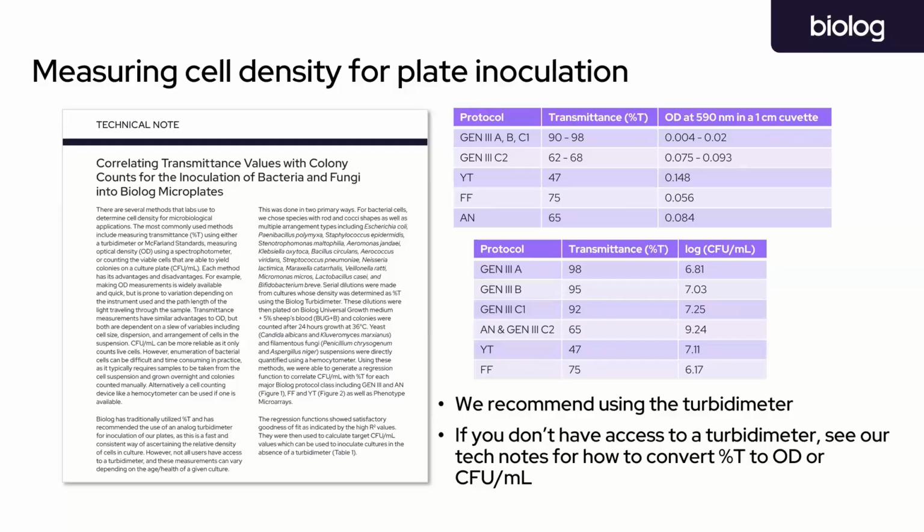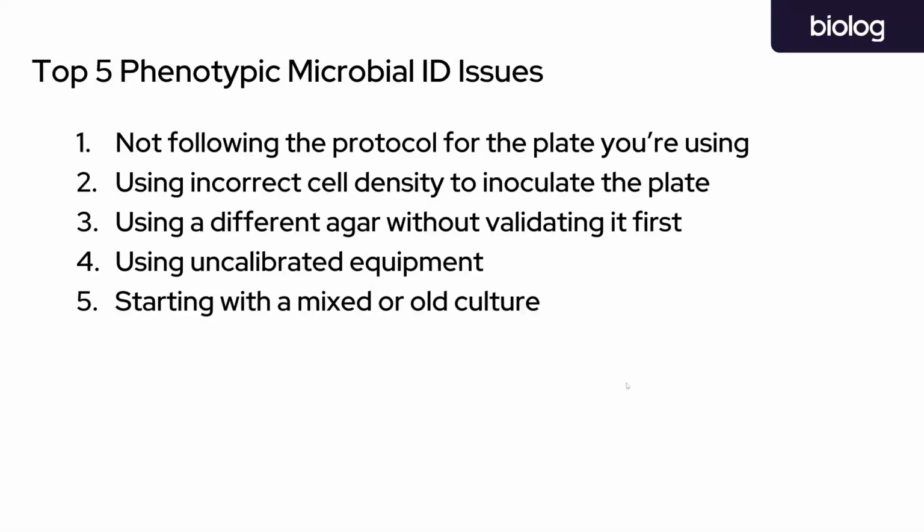Great. Yeah. So we've really tried to make it as easy as possible to start with the right density of cells. If I go back here, we talked about the different agars, and I know sometimes people who are working in different geographies have a difficult time purchasing some of the agar plates with the blood in them. Do you have any recommendations for what they can do there?